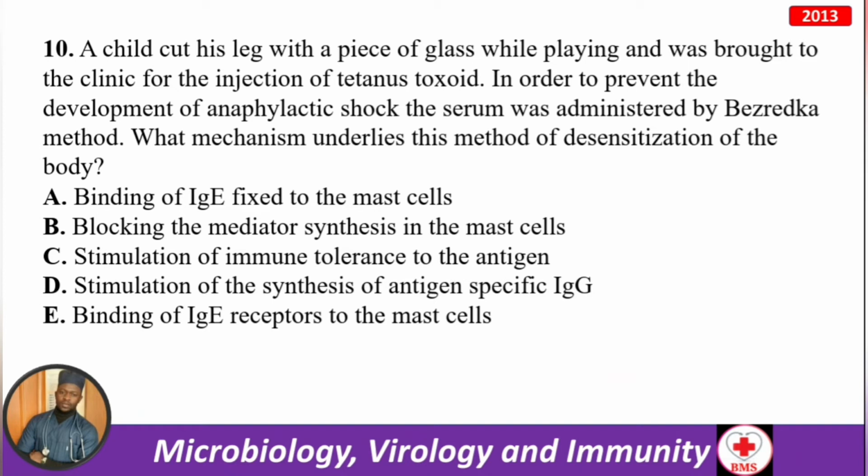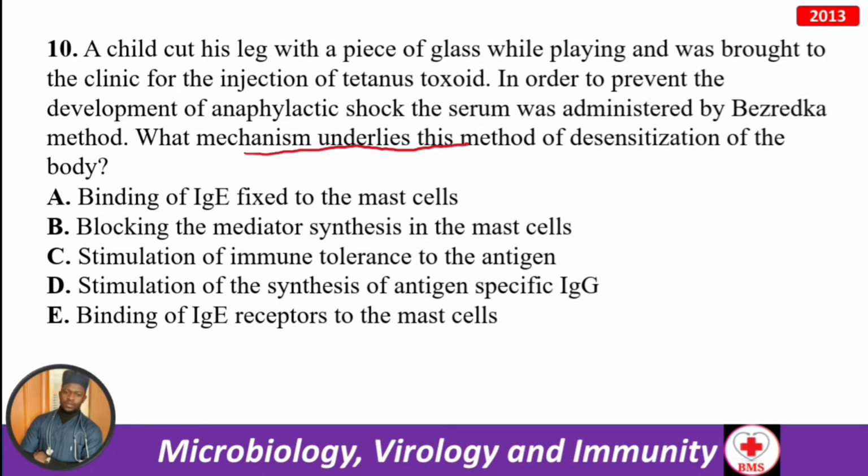In this method, you usually expose the patient to an allergen, to something that he or she is allergic to, in small quantities every time, until the immune system reaction to the allergen is not causing damage to the body. So this method is based on binding of IgE fixed to the mast cells, right?